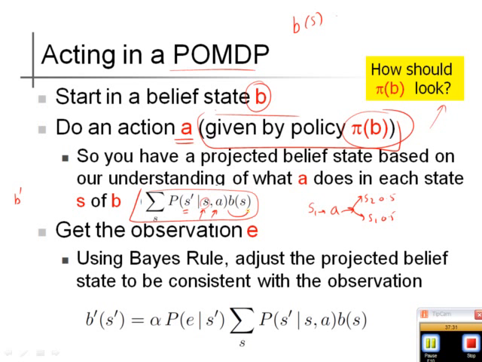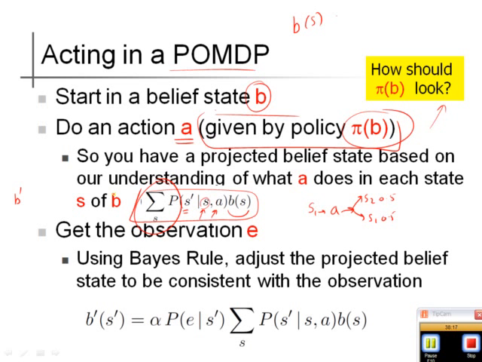Now notice that I may have gotten to S dash either by doing A in S or by doing A in some other state. Doing the action in multiple different states might still get me back to S dash. So I have to sum over all possible states S, the probability that I currently am in that state, B of S, times the probability that if I did the action A in that state, I will get to S dash.